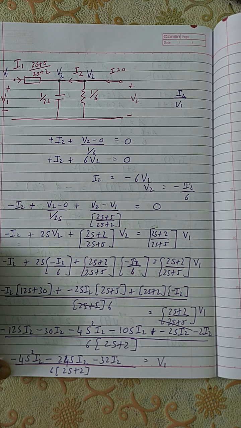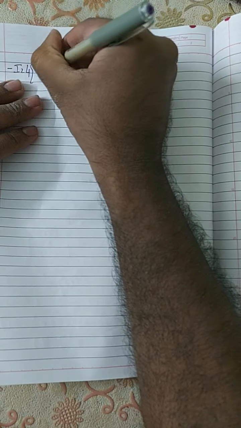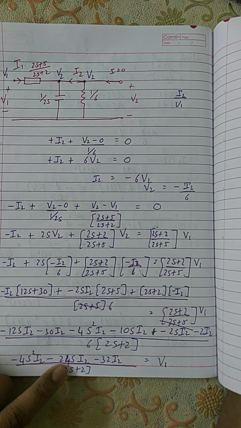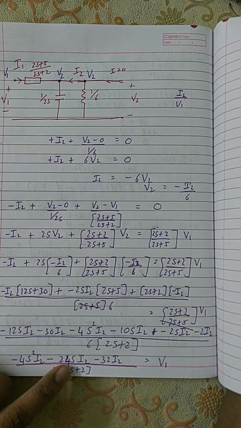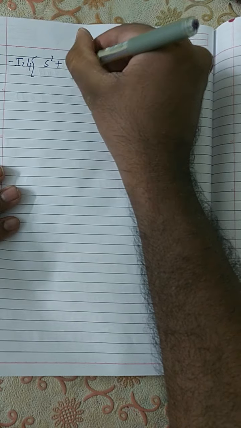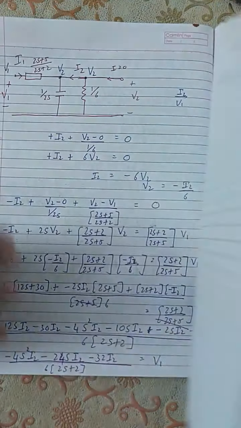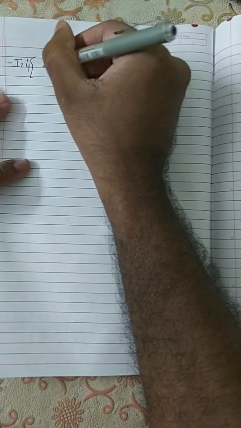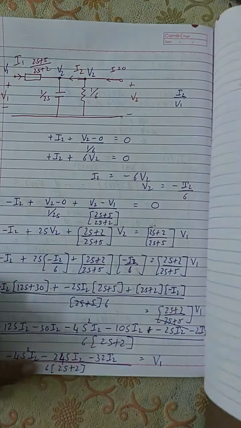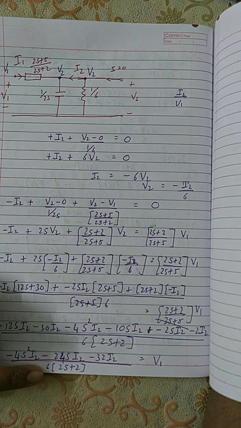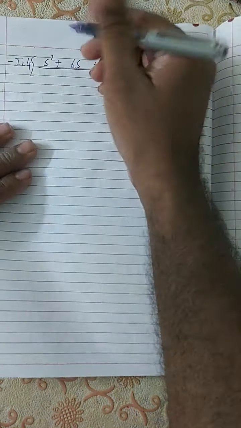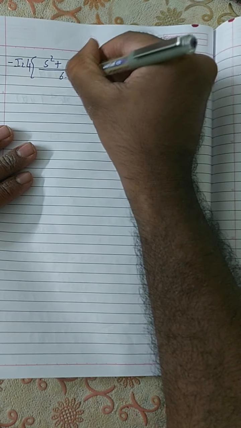So you'll get s square plus 6s plus 8, by, and over here you'll have 6 into 2 into s plus 1.